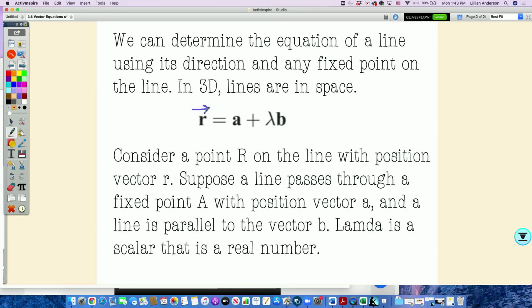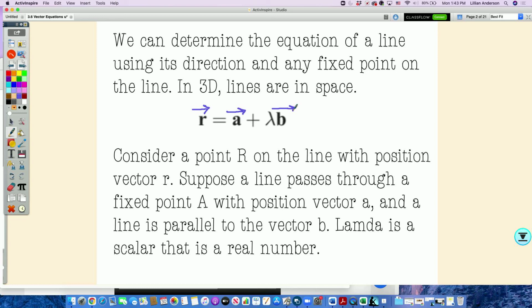Even though this is printed for you and it's already bolded, when you yourself have to write a vector, you need to put the arrowheads over both of those. So all your vectors, make sure you include your arrowheads. But basically vector r equals vector a plus lambda vector b.